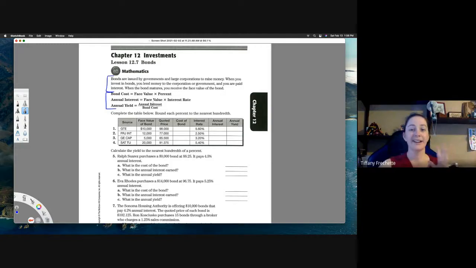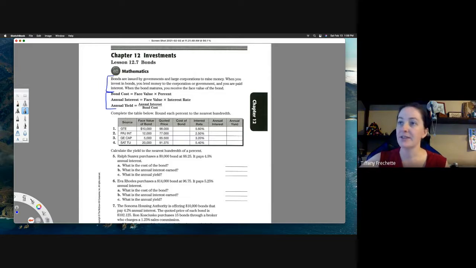So again, not super crazy calculations on this one. Pretty straightforward, and there's not going to be a whole lot of steps for each one of these. All right, so for the complete the table below, round each percent to the nearest hundredth. So they're letting you know you're probably going to have some decimals in here that you need to round.